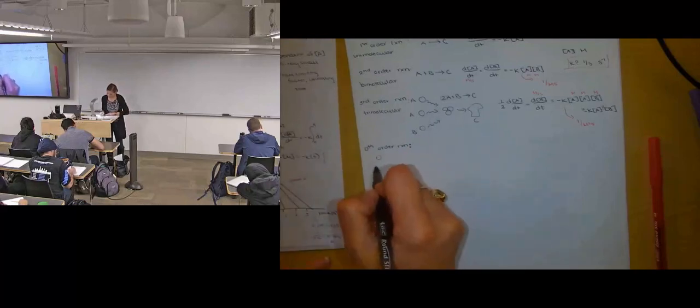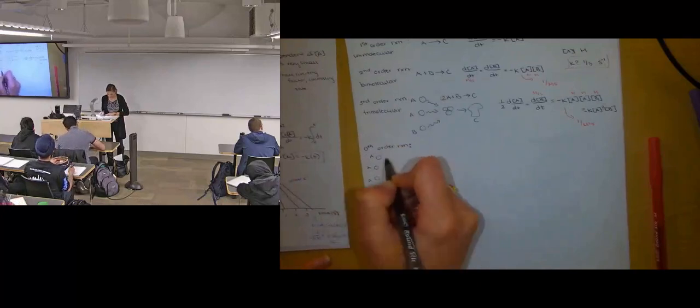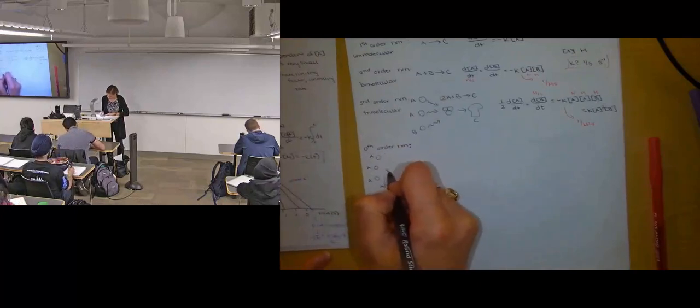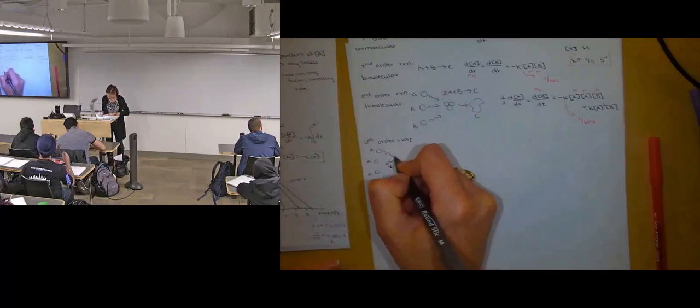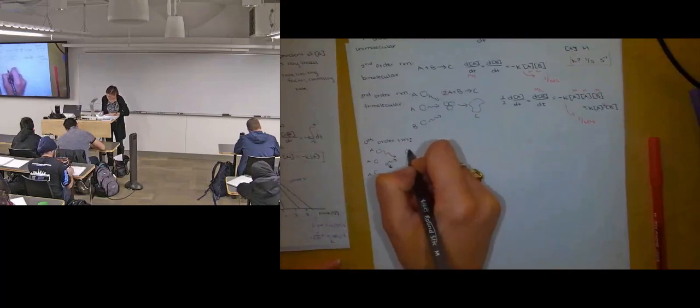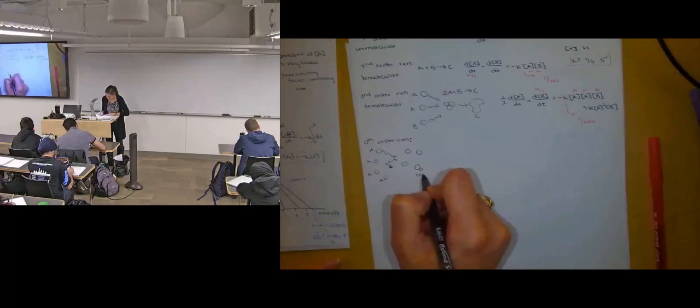So we'll have a bunch of A floating around, and then we'll have some small molecule Z. And when A and Z come together, we have some A, and then we have our complex here.